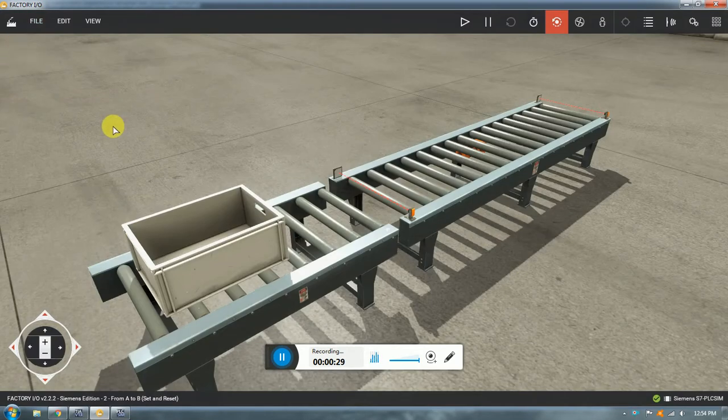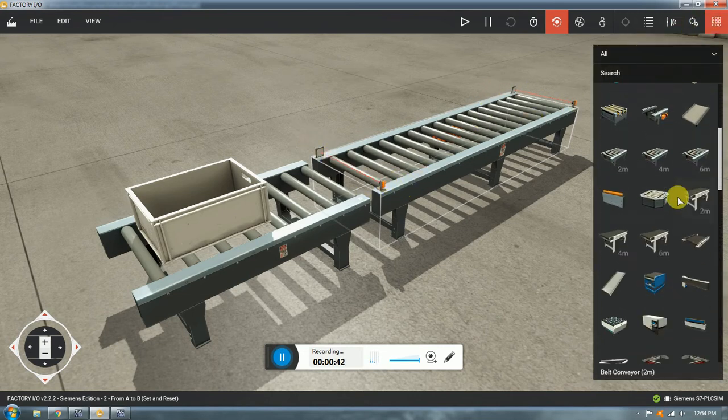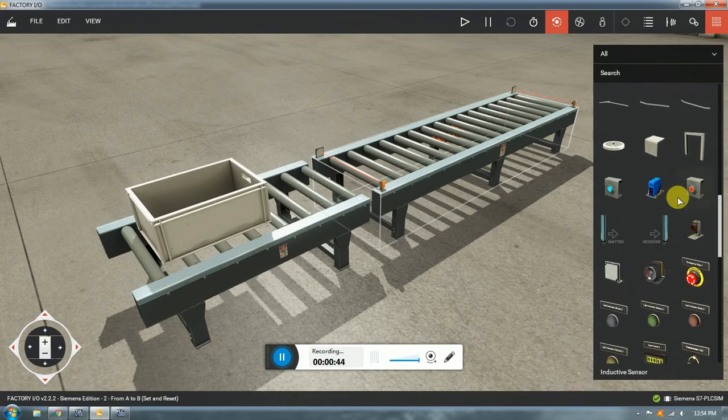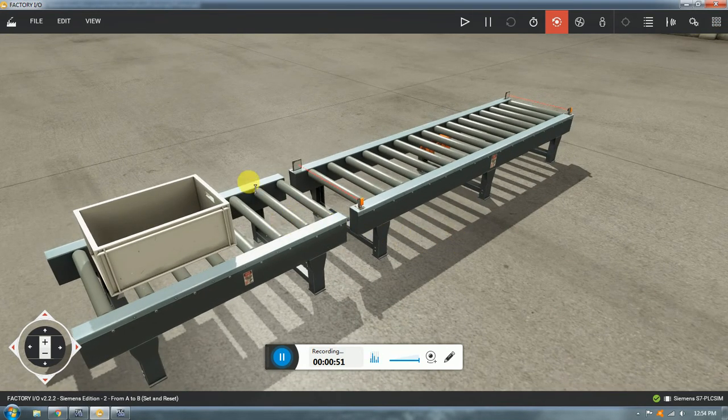Basically, it's very similar to tutorial one. The only difference is that it has two conveyors, as we were talking about in the previous video, and two sensors, which are photo sensors, this type, a retro-reflective sensor, plus the reflector or mirror.